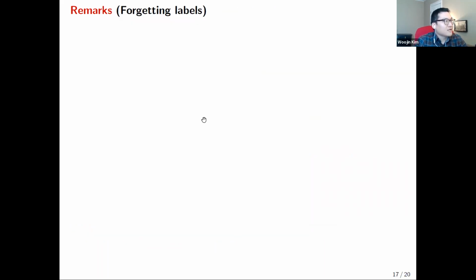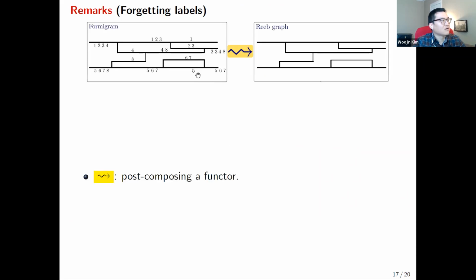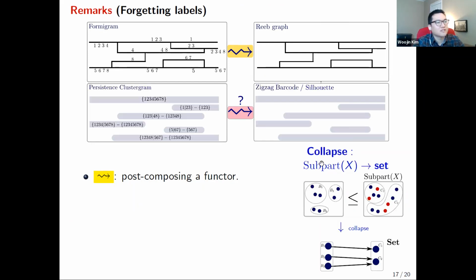Here, let me give a remark about forgetting labels. By forgetting labels of a formigram, we obtain a riprap. That's actually post-composing a functor. If you remember, a formigram is a zigzag, a functor from the zigzag poset to the subpartitions of X. Here we have a collapsing functor, which sends each subpartition to a set.